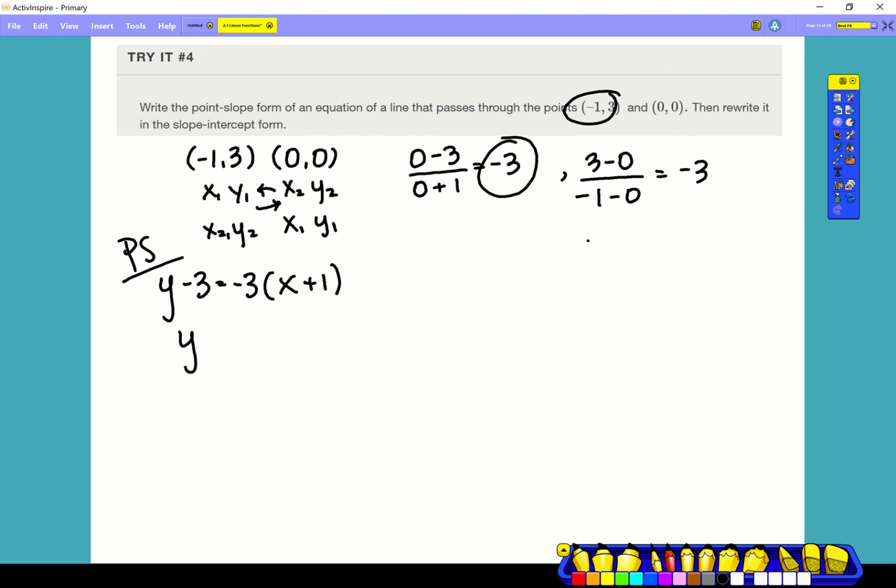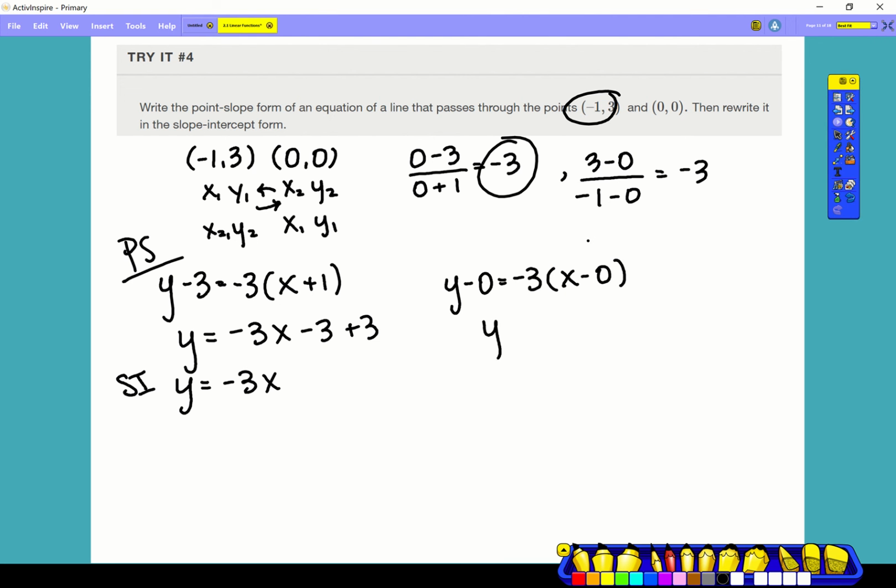That's going to give us y equals negative 3x minus 3 plus 3. So it's going to be y equals negative 3x, and this is slope intercept. Now notice if we would have used the other point, we would have just gotten that almost immediately. So it's a little too easy for me to illustrate that one, so I went the other way. This is slope intercept.